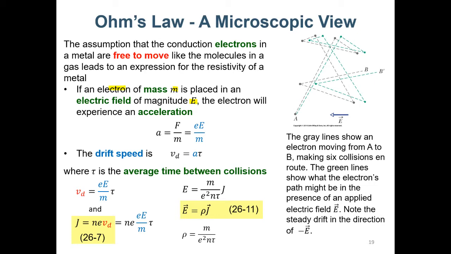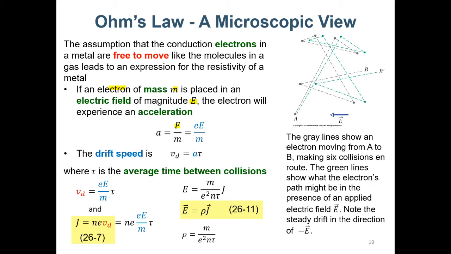Because you learned it in chapter 21, you have the electrostatic force. So if you have an electron which has a negative charge, negative 1.6 times 10 to minus 19 coulombs, and then in an electric field, then you have an electrostatic force, the Coulomb force, and then the magnitude.